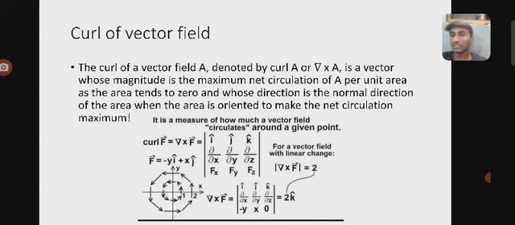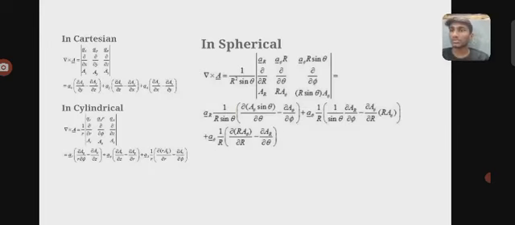So here you can see the example for the curl of a vector field. In the Cartesian form, we represent the curl of a vector as del cross A, which is ax into dou az by dou y minus dou ay by dou z, plus ay into dou ax by dou z minus dou az by dou x, plus az into dou ay by dou x minus dou ax by dou y.